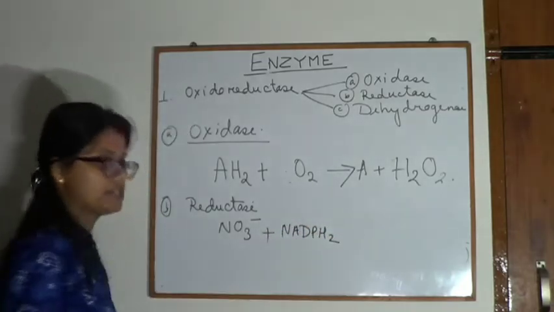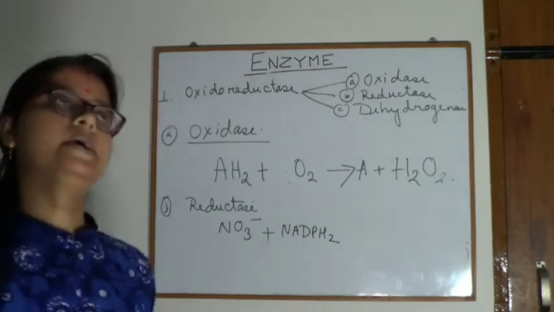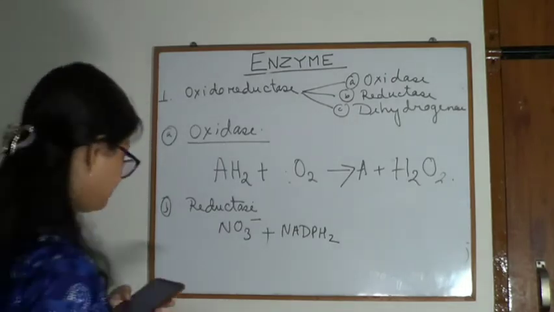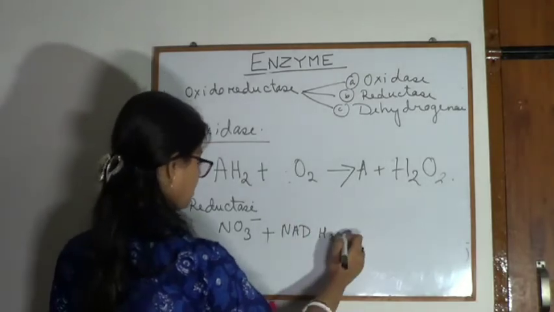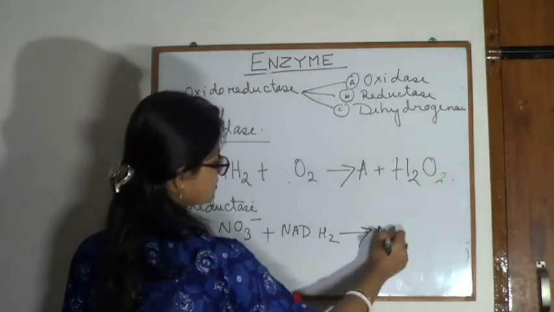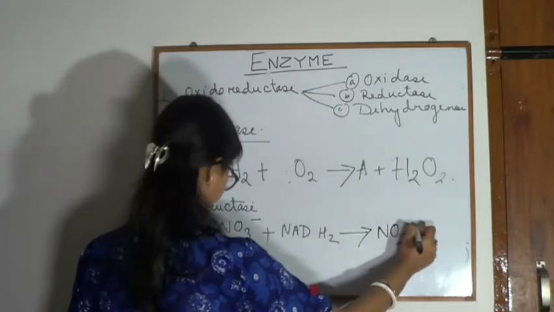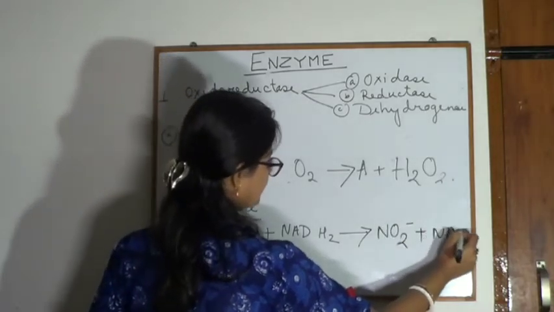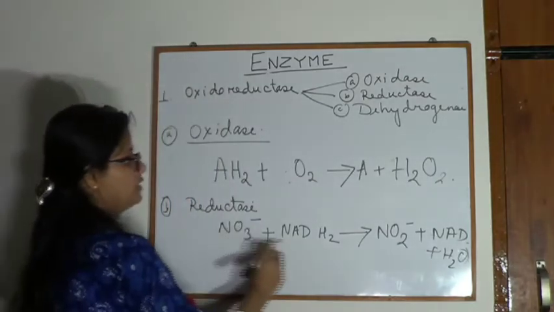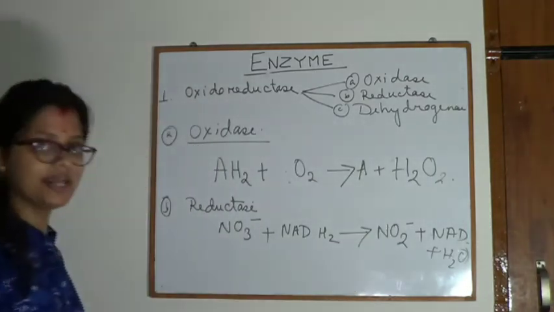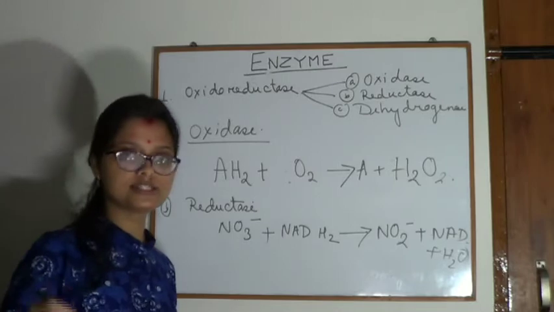Nitrate reductase: NO3 minus plus NADPH2. NADPH2 is an energy rich molecule. It gives NO2 minus plus NAD plus water molecule. One electron is reduced.